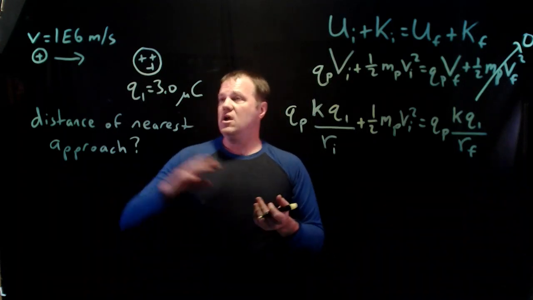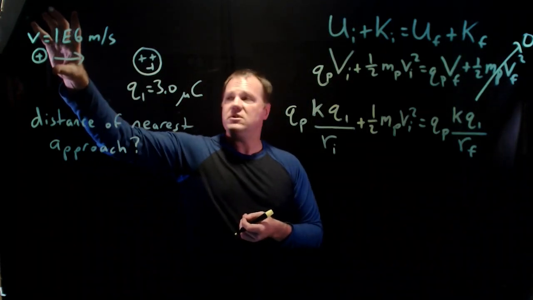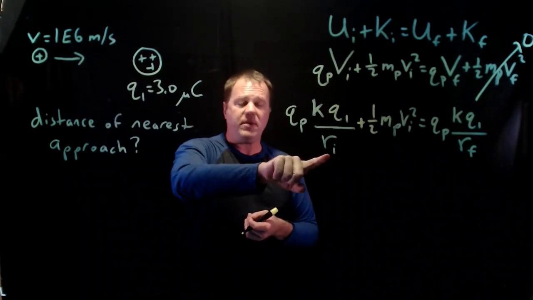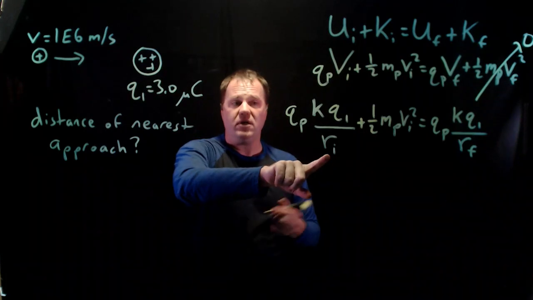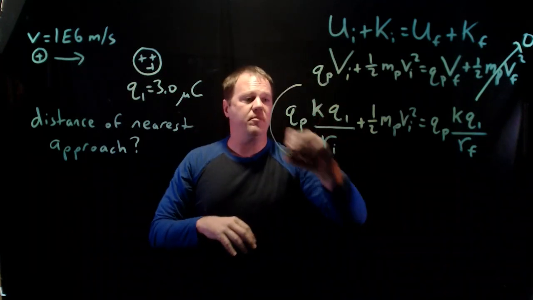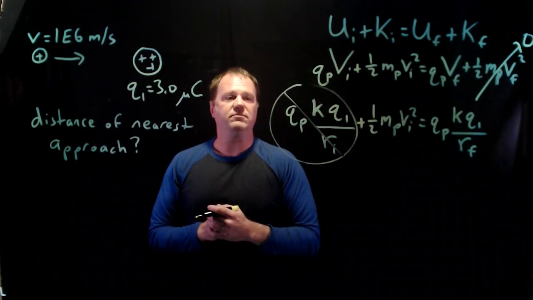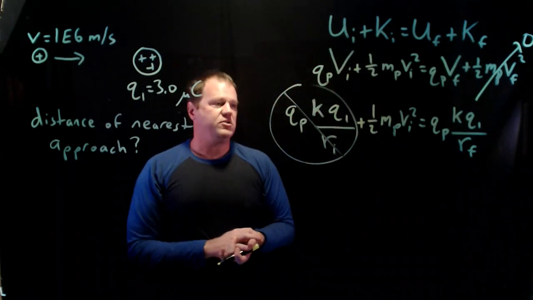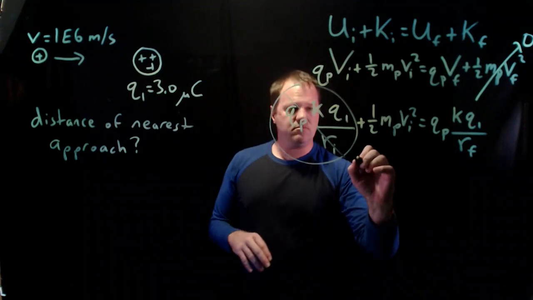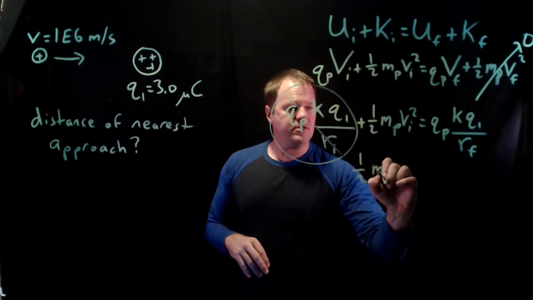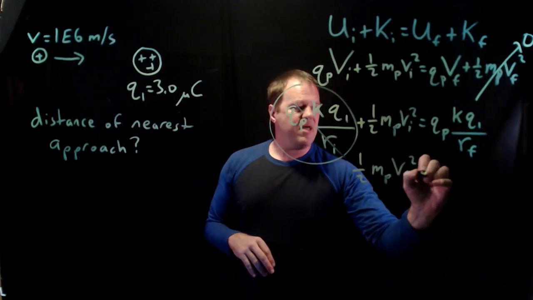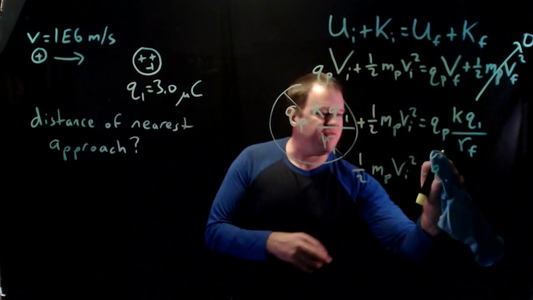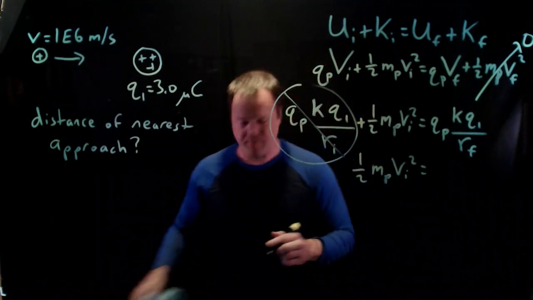The initial problem statement was that the proton was fired from very, very far away, so that means R initial is very, very large, and so this whole term is going to go to 0. R goes to infinity, and therefore the whole thing goes away. Then we get something that's not quite so bad. Let me put K first so it's a little more familiar.